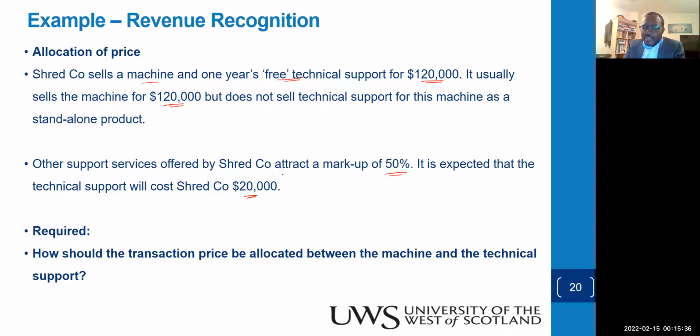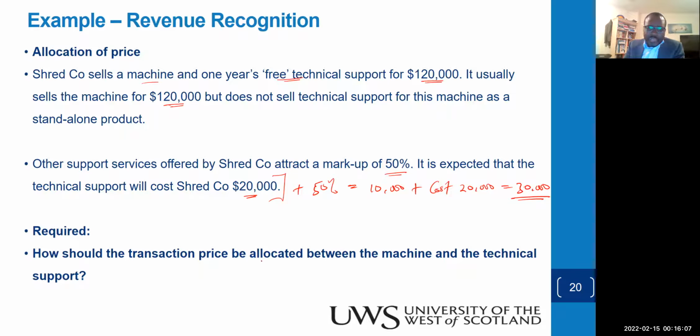So assuming the technical support was given alone, the cost would have been 20,000, and then we apply the 50% to get a profit. 50% of this is 10,000. Add it to the cost of 20,000 to give us 30,000. So actually, this is what he would have given.